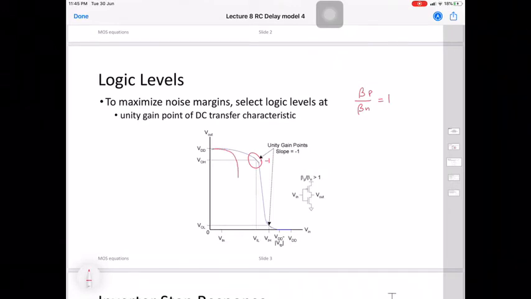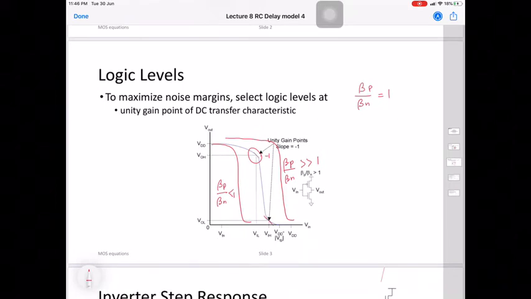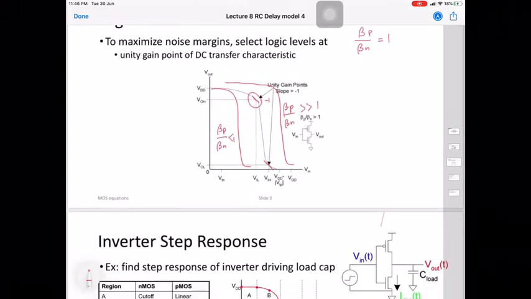As you remember from the previous class, this graph can skew to the left if beta P over beta N is less than 1, or skew to the right if beta P over beta N is much greater than 1. Other than fixing it to be at the center, we also want to control the slope. So we want the slope to be at -1.